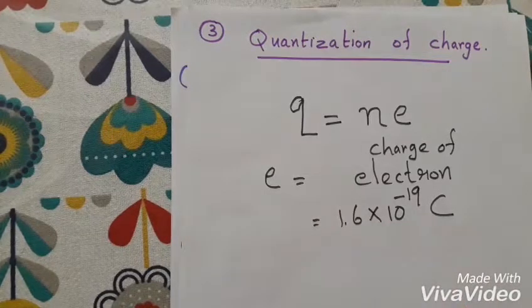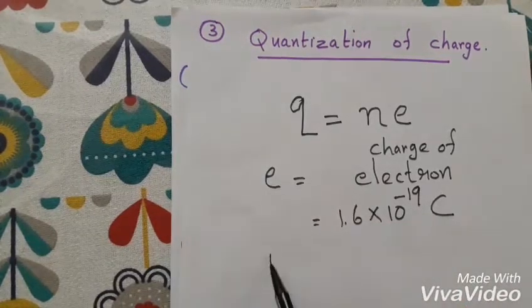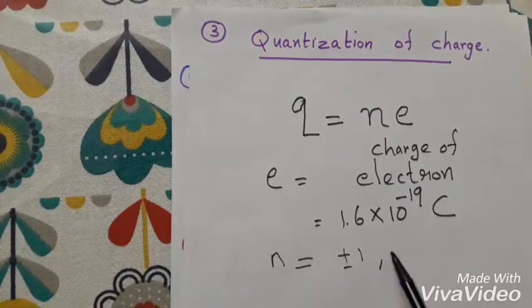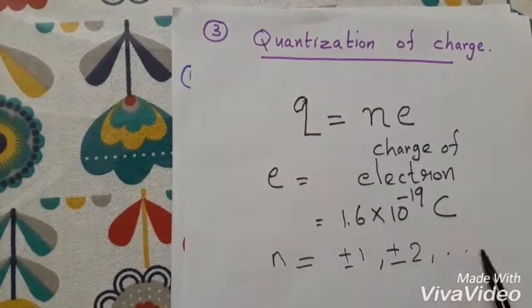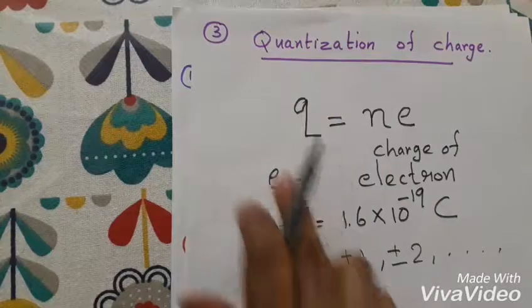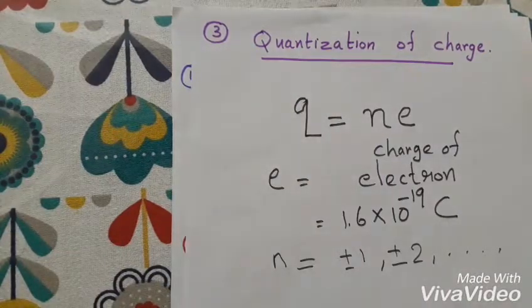So it is a constant, it won't change, and n can be any integer. It can be plus 1 or minus 1, plus or minus 2, like that it goes. So a charge can exist only as an integral multiple of e. That is quantization of charge.